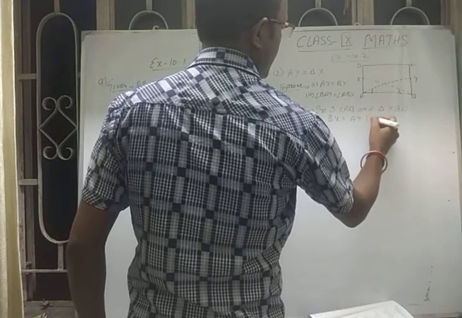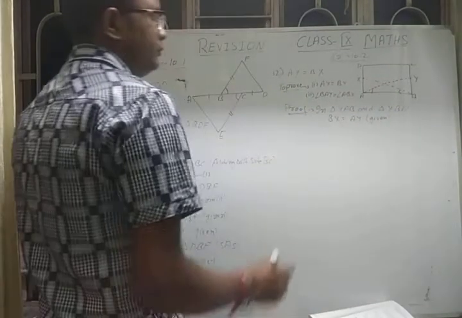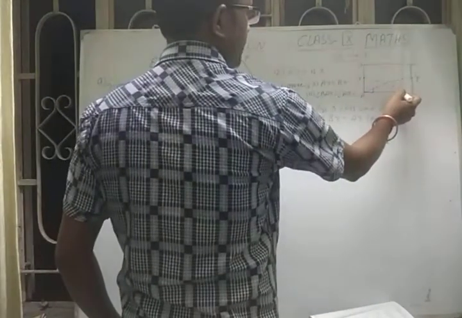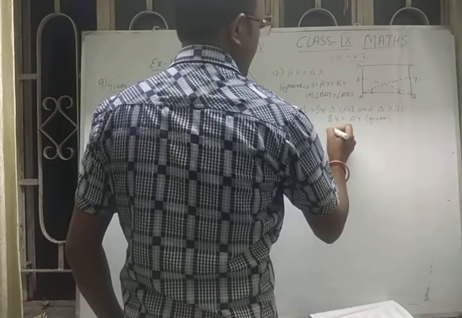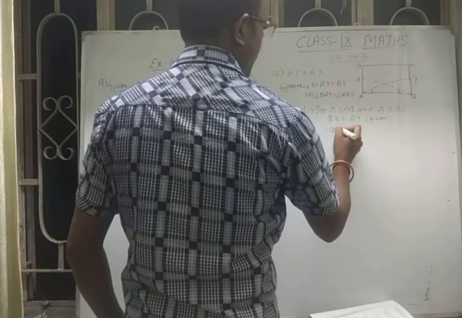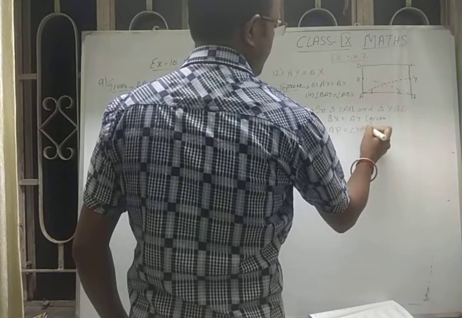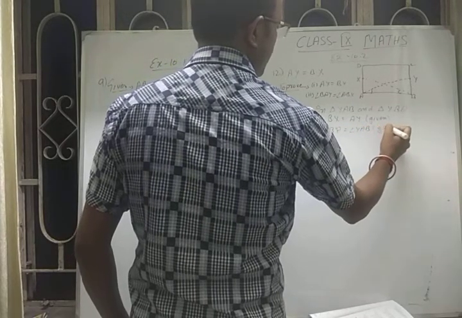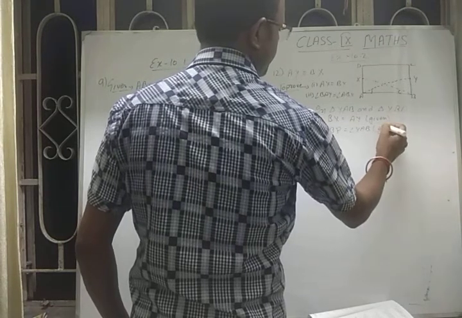It is given already, so you can write here given. Now in this triangle angle B and in this triangle angle A are equal, so you can write angle XBA is equal to angle YAB. This angle is also given in the question.